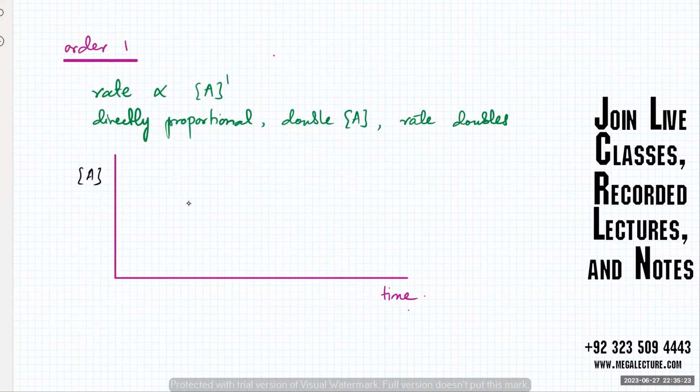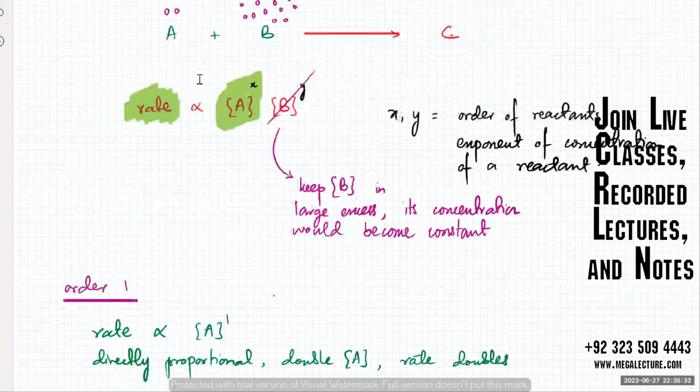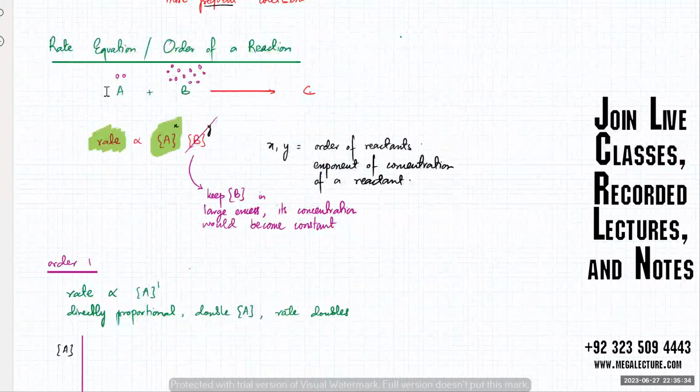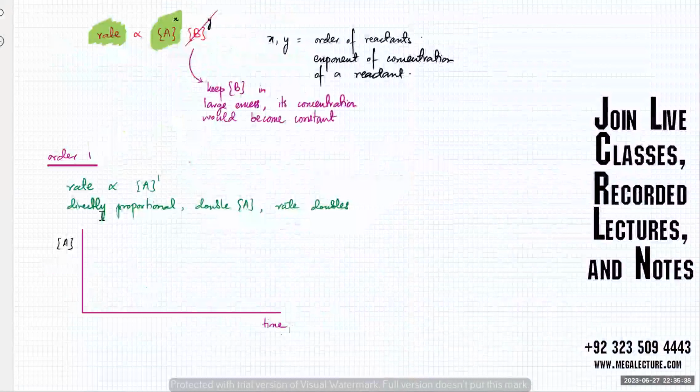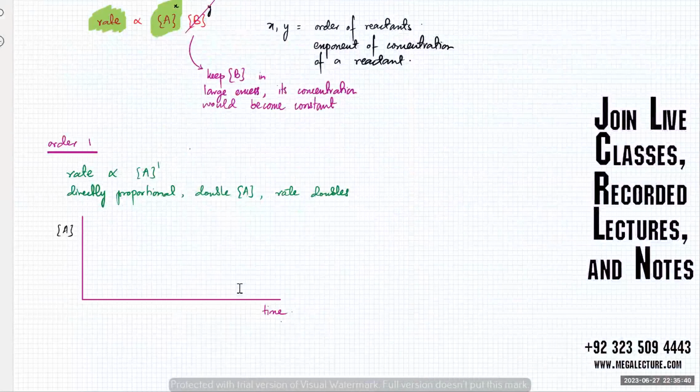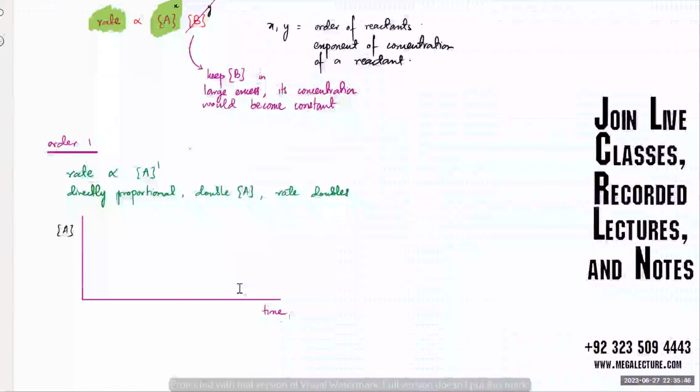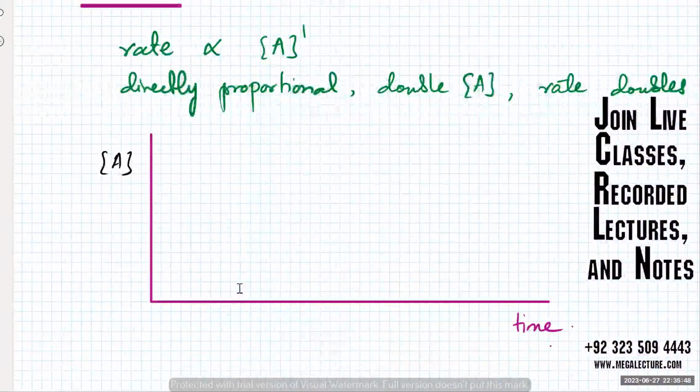Now your reactant would usually get used up, right? So as the time proceeds, A is going to get used up. This A over here, it's going to get used up. How do you think the graph would look? Would it be like a curve downward? Outwards, right? Yeah. Because A is going to get used up, right?